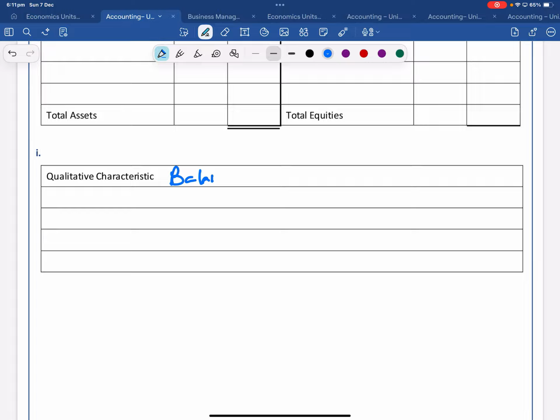Balance sheet. Sorry, this one we have read, the relevance.